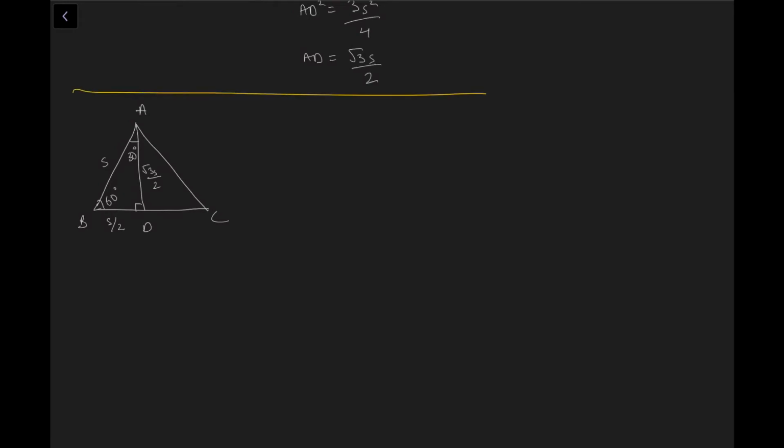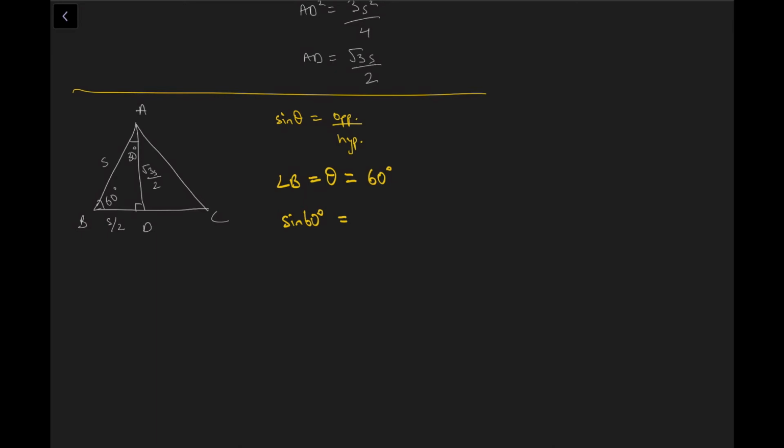Now, if you remember your trigonometry, you'll know that sine theta is equal to opposite side divided by the hypotenuse. So let's take this theta as 60. So let angle B be equal to theta, which is equal to 60 degrees over here. So sine 60 is opposite by hypotenuse.